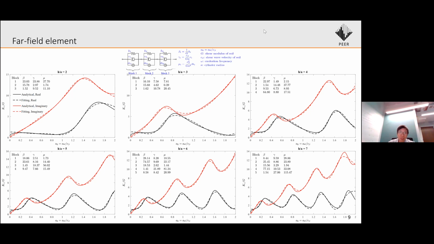And also here, you can see in each figure, we have a table showing the number of blocks that we use and the values of stiffness, damping coefficient, and gyromass value in each block in the dimensionless form. And that is very handy for the user.